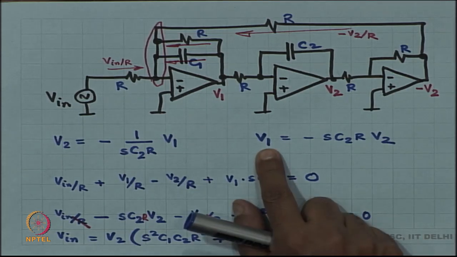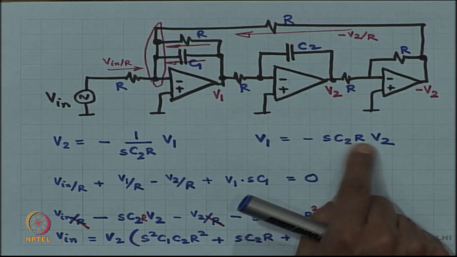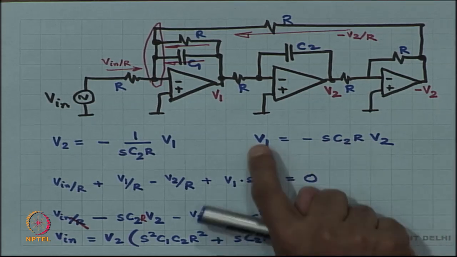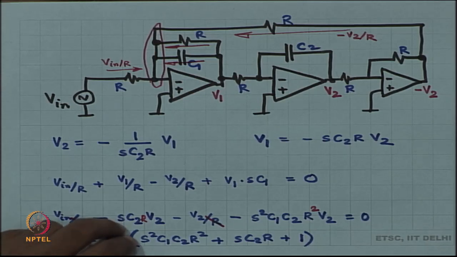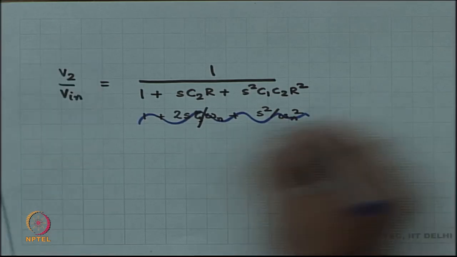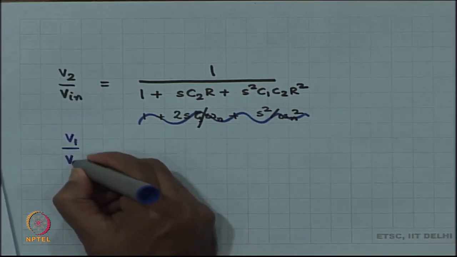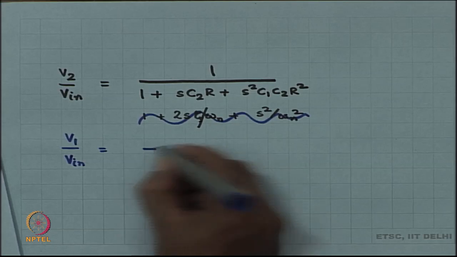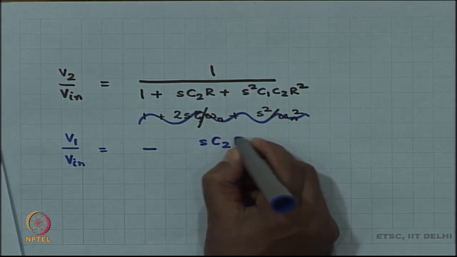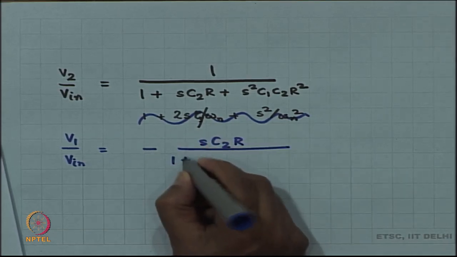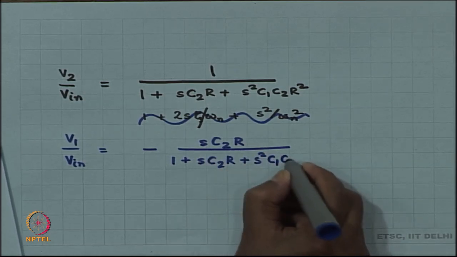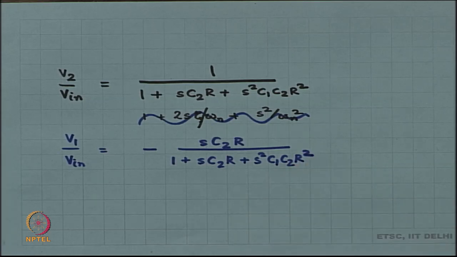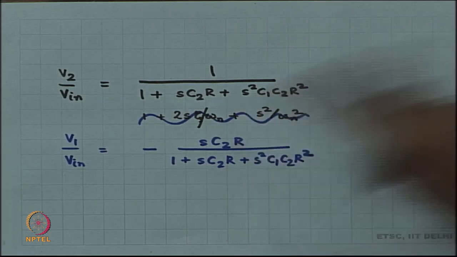Now, remember V 1 is nothing but minus S C 2 R times V 2. So, if you pick V 1 as your output, then you pretty much get something else in the numerator, right.